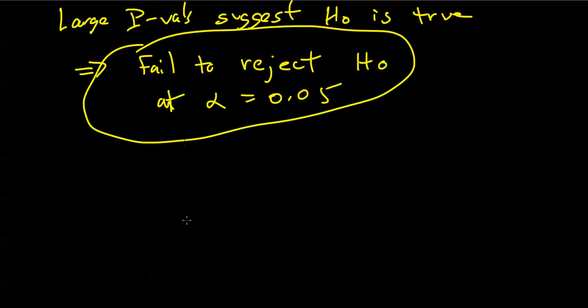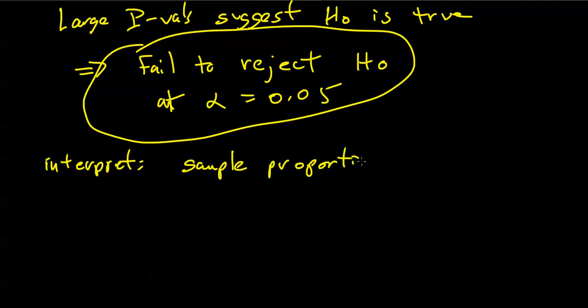The book sometimes asks us for interpretive statements. Let me add a little interpretation here. All right, the sample proportion of, let's see, it's about 0.09, wasn't it? The sample proportion of 0.09 is not extreme enough.